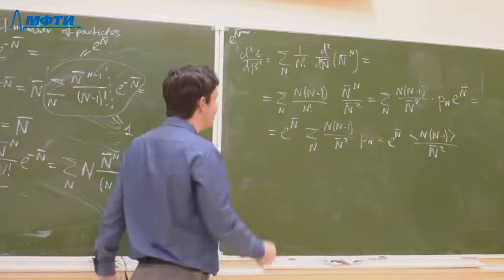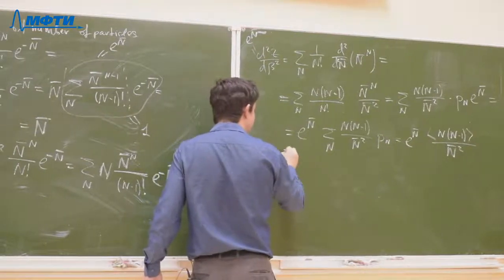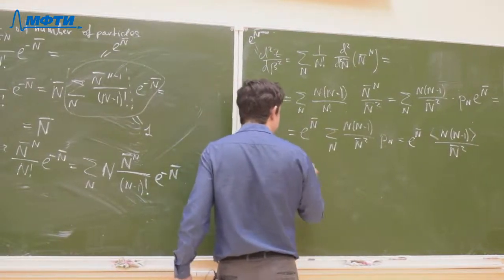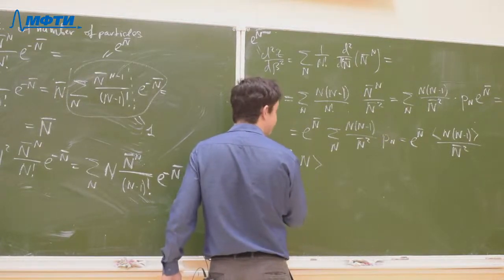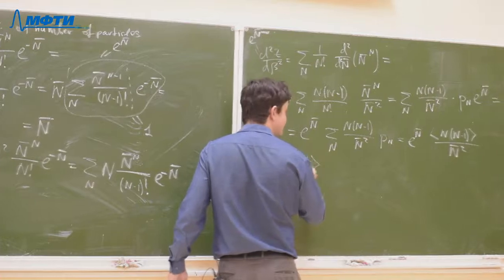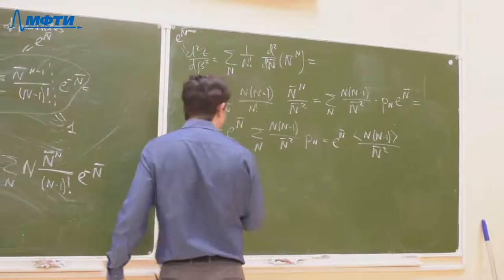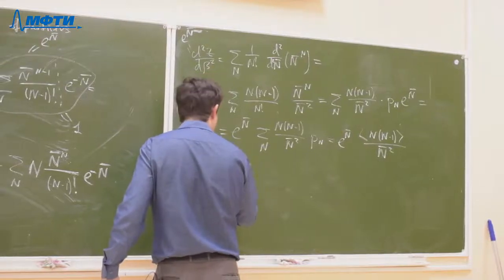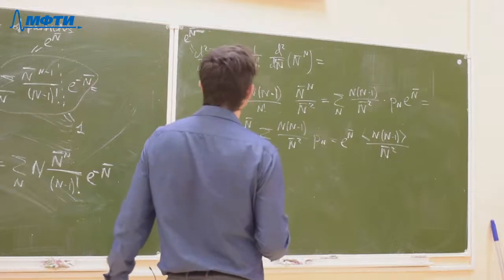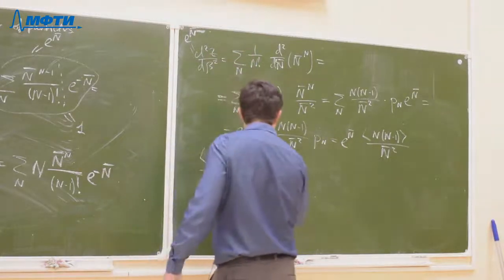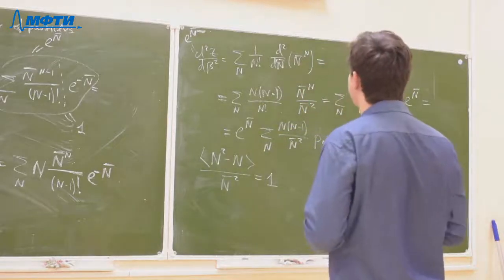That means that from this expression I get that the average of n squared minus n over this should be 1. Let me see if there is any mistake here.